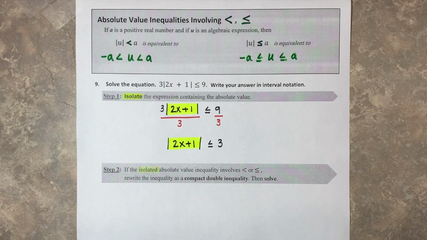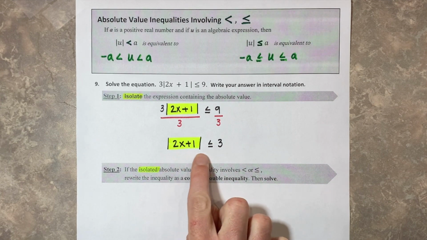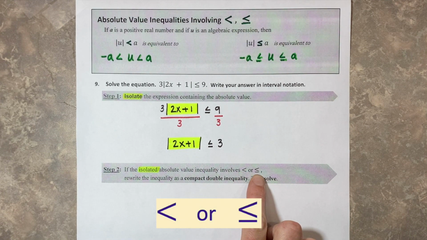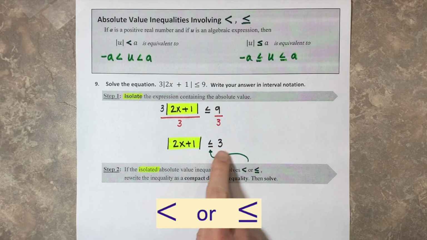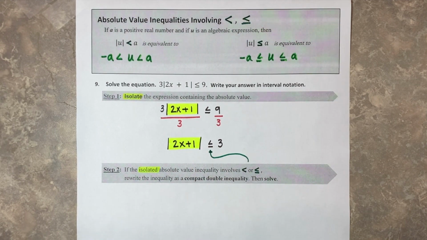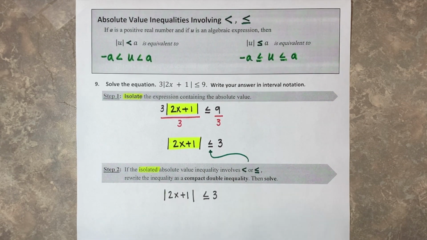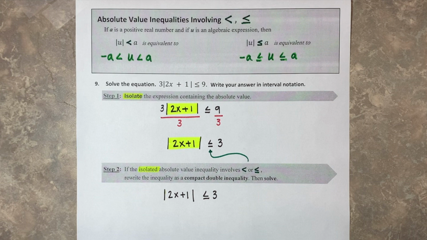Step 2. If your isolated absolute value expression involves a less than or equal to sign, which is the case here, then we want to rewrite the inequality using a compact double inequality. So I've just copied down the expression that we left off with. Now, what does this actually mean? Remember that absolute value means distance from 0.